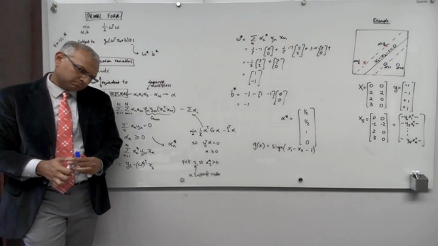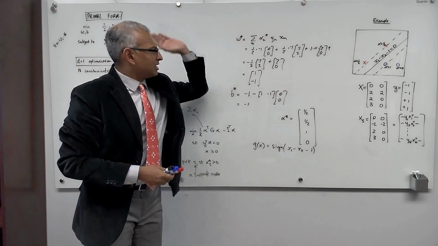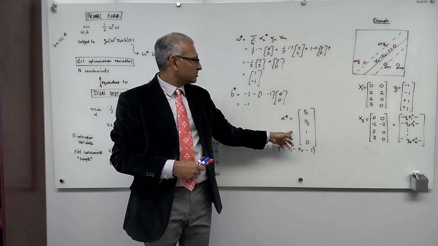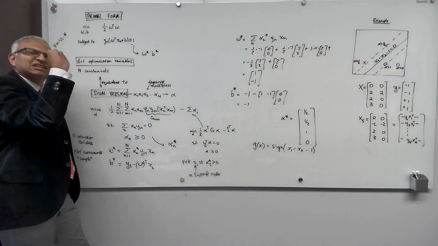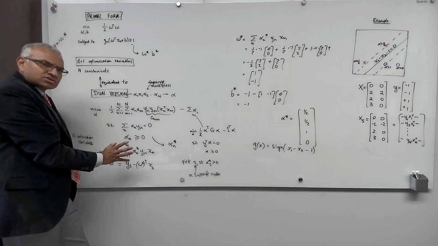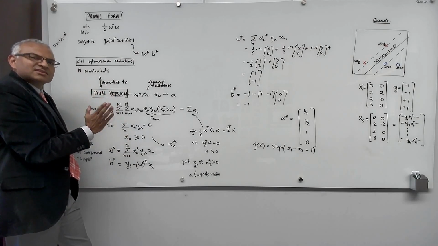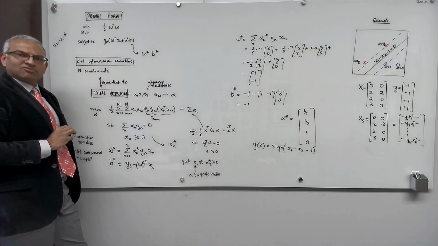Now, I highly encourage you to work by hand through this example, plug it into the quadratic program, get 1/2, 1/2, 1, 0, obtain your optimal weights and bias, and convince yourself that this dual version of the problem is equivalent, in the sense that if I solve this, I can get the solution to the primal form.